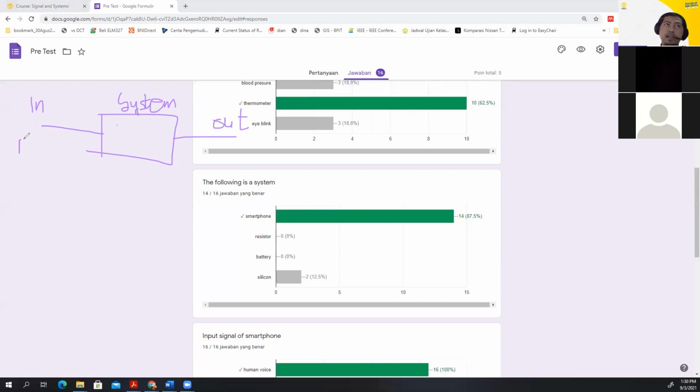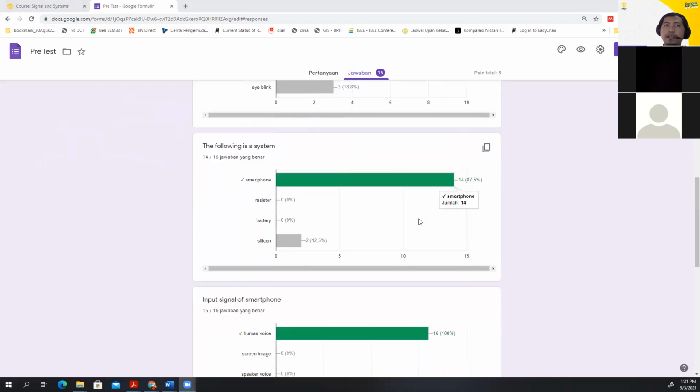The input is a signal, and the output is also a signal. This system processes the input signal and creates or results in the output signal, something like that.